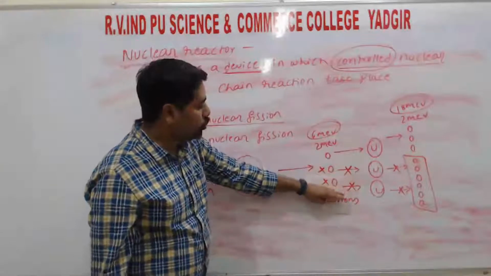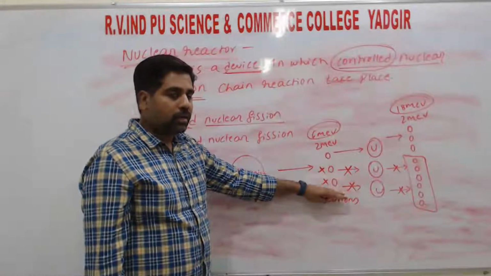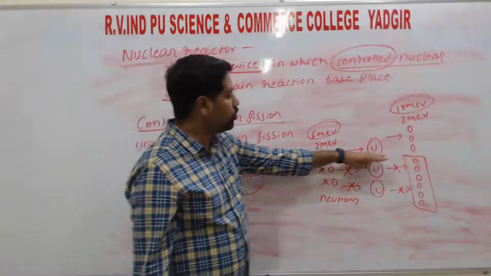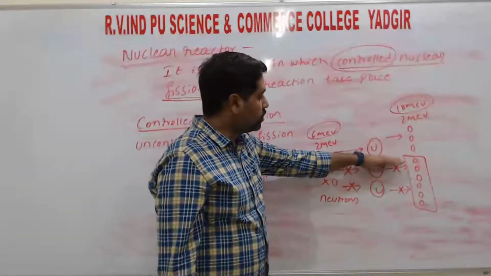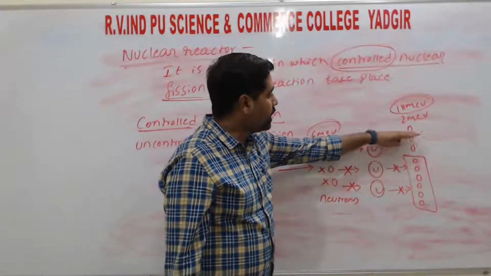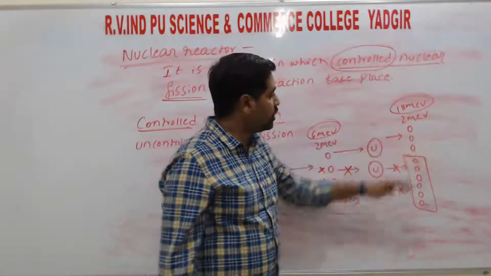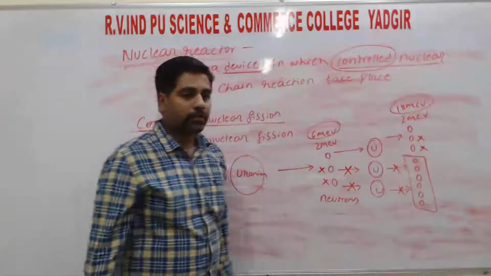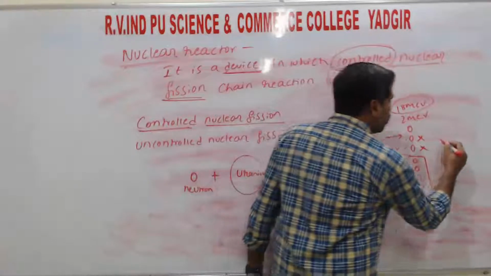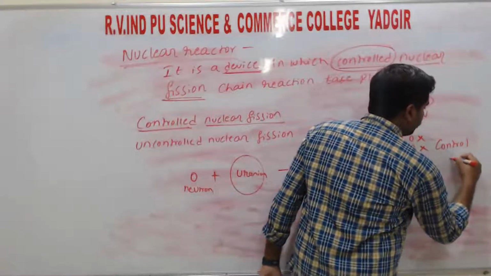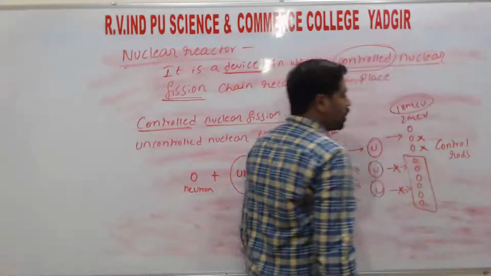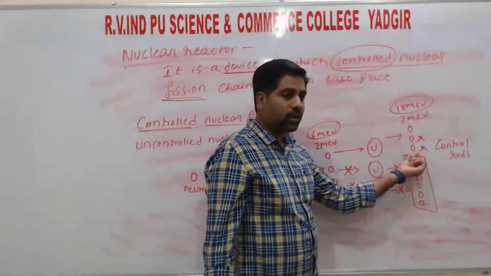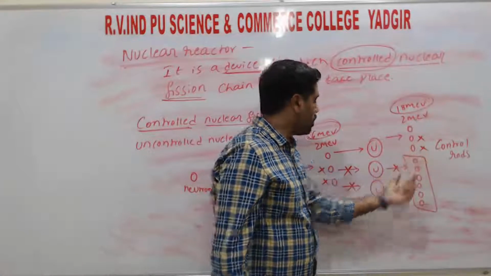As the 2 neutrons are absorbed, only 1 neutron is made incident on the uranium, so again we get 3 neutrons. Of these 3 neutrons, again 2 are absorbed by using the control rods. Control rods are used to absorb these neutrons, right?